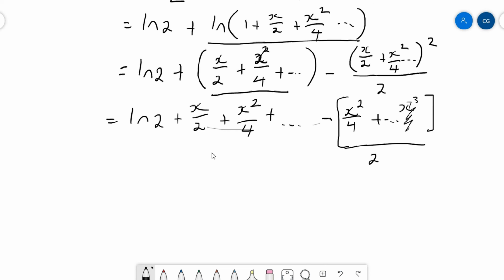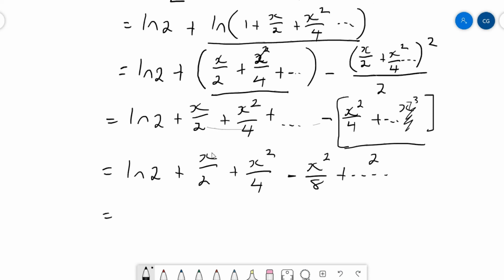That will mean a constant, x to the power of 1, x squared. So this will give me natural log of 2 plus x over 2 plus x squared over 4 minus, and in this case here, this will become x squared over 4 divided by 2, which will give me x squared over 8. So natural log of 2 plus x over 2 plus, in this case, 1 over 8 x squared.